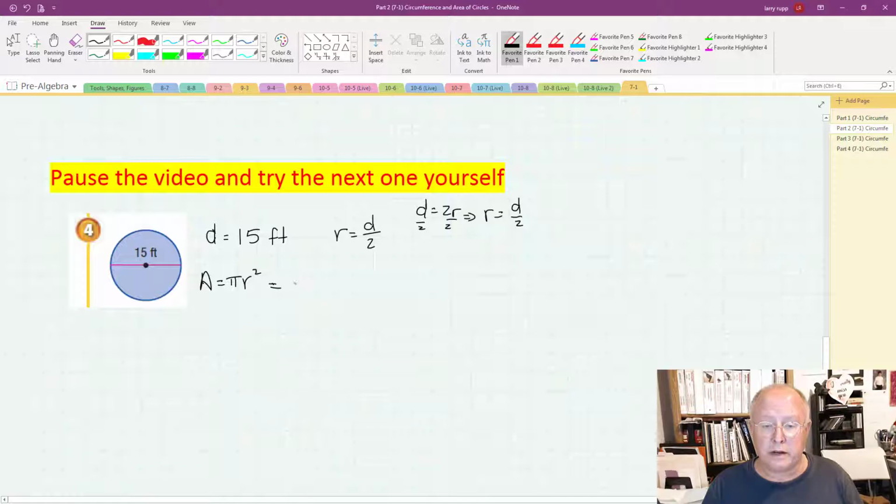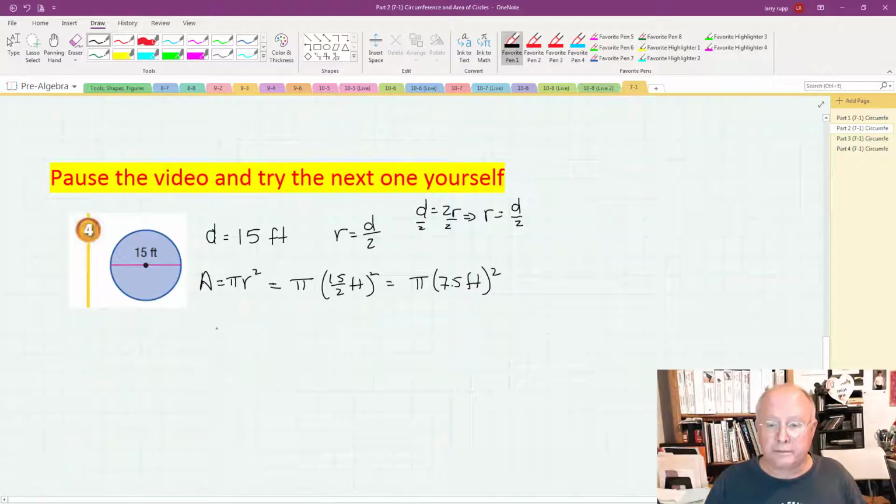So we're going to write this out here in a couple of steps. Pi r is what? Well, D over 2 is 15 over 2 feet. And that's going to be squared. So we'll work that out a little bit nicer. Pi times 7.5 feet squared.